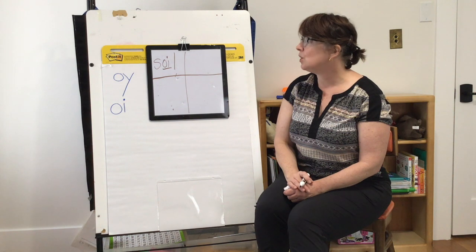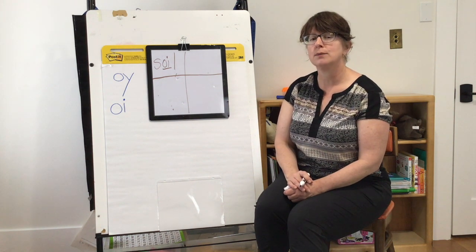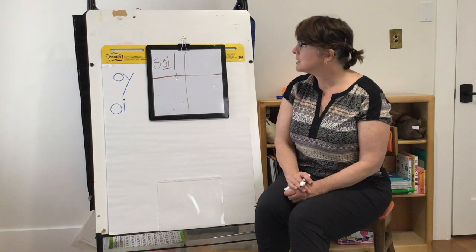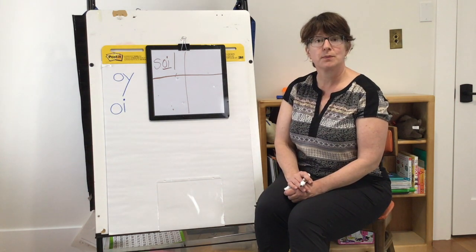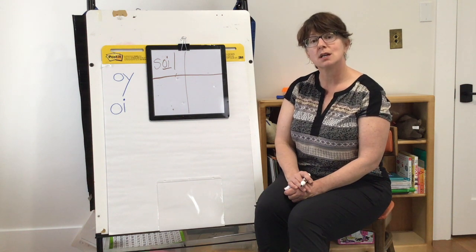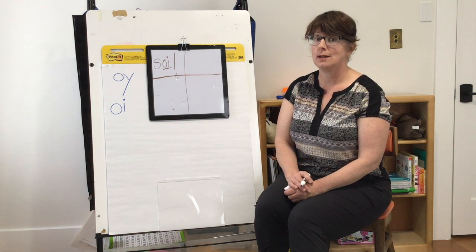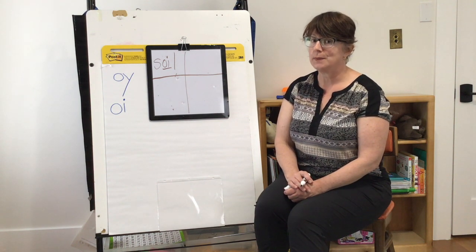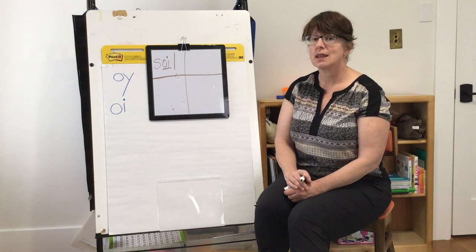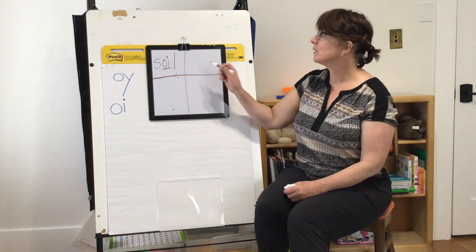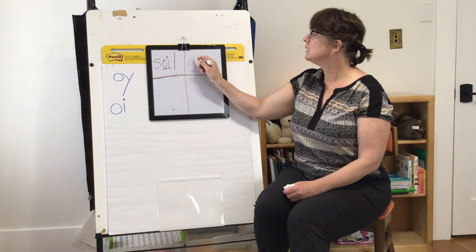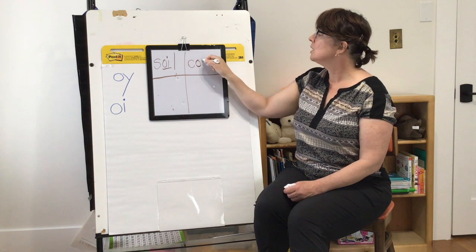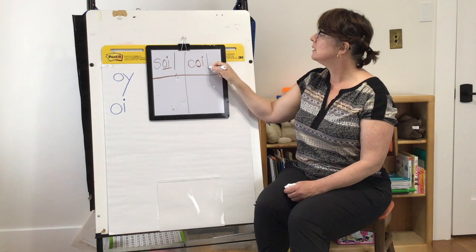So we're going to stay in the oil word family for a while, and we're going to just listen for a new beginning sound. The next word is coil. Listen. Oil. Listen for the sounds. Oil. It's the small k. So coil is like a little spring or a little wire for electricity. Coil.